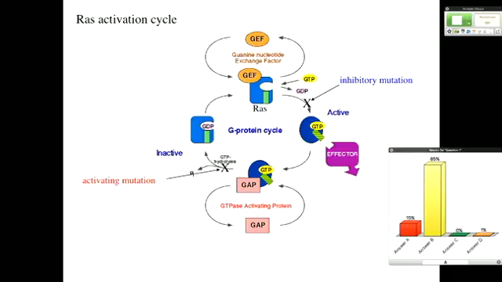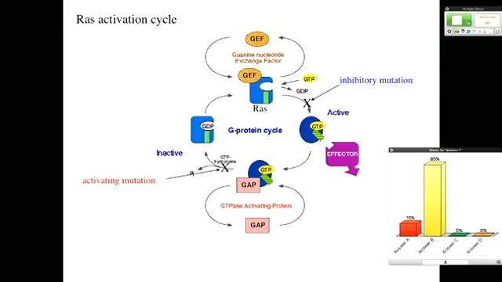And if you have a dead form of RAS, a non-activatable form of RAS, interacting with GEF, and you overexpress it, the more and more of the inactive form you express, the more and more GEF you tie up and prevent from interacting with the normal RAS.